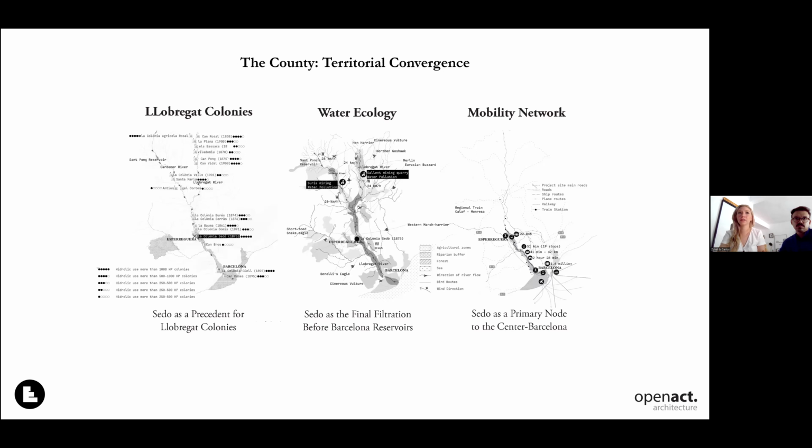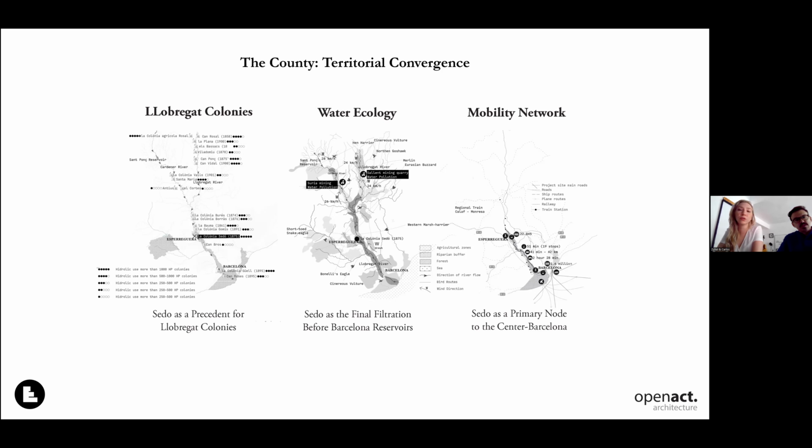So to be able to understand why this industrial compound was here, why it's not functioning as an industrial compound, what happened to it, why it's abandoned, how we can restore it architecturally, how we can restore its urban relationships related to Barcelona, and how we can restore this ecologically and historically, but also provide a place that is going to serve life today, because it's an area in close proximity to Barcelona.